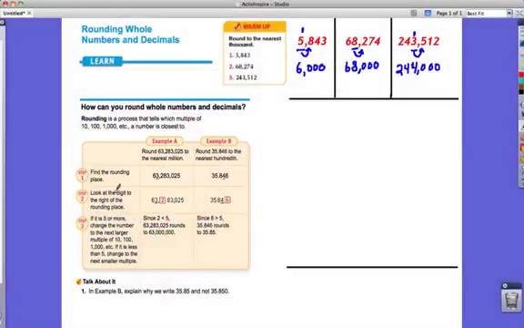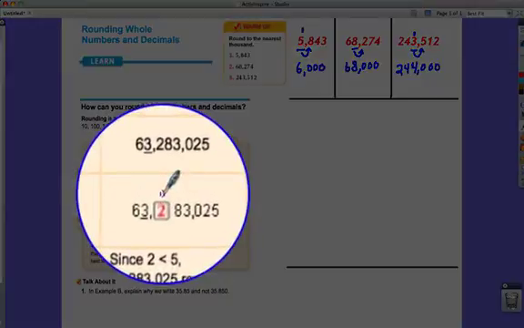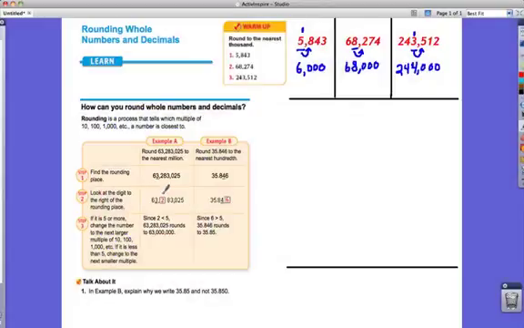Step 2 says look at the digit to the right of the rounding place. Well, the digit to the right of the rounding place is 2. As you can see, they highlight it with the red color, 2. Then the directions in step 3 says if it is 5 or more, change the number to the next larger multiple of 10, 100, or 1,000.